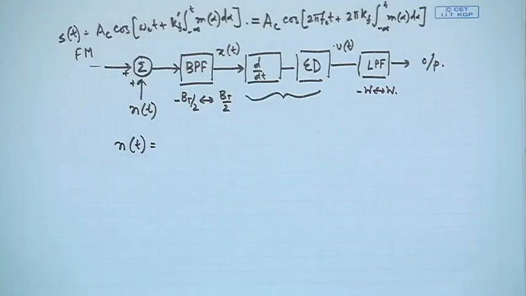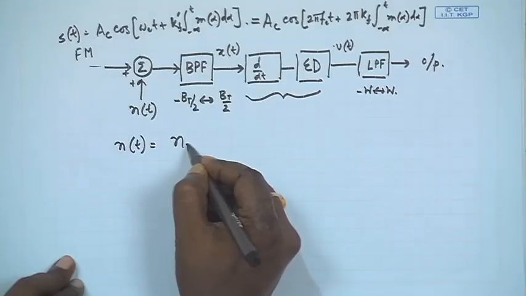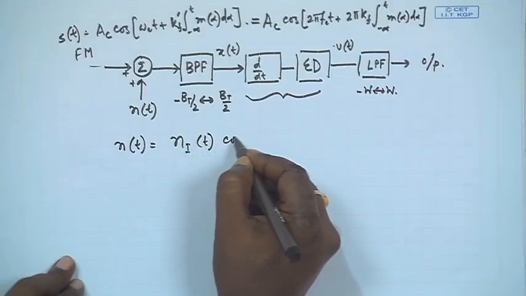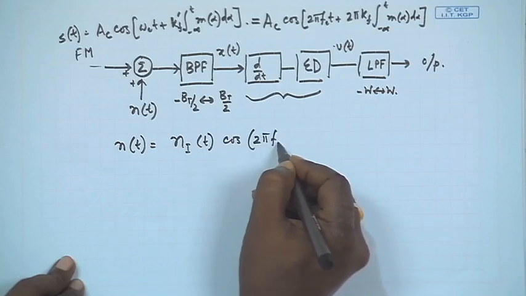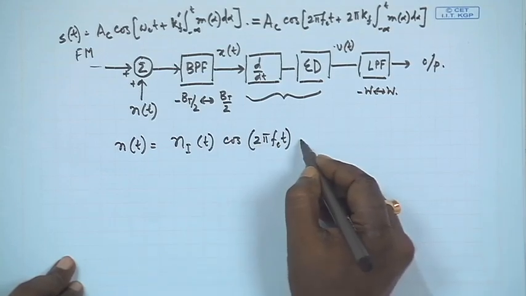So, let us see how the demodulation happens. I have a signal which is s(t) of course, but I also have a noise which is band pass noise. So, I can always write it in terms of in-phase and quadrature components. So, I can write it as n_I(t) cos(2 pi fc t) minus n_Q(t) sin(2 pi fc t).